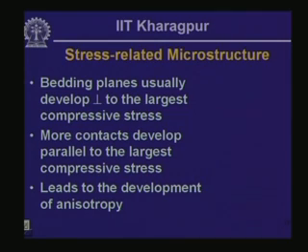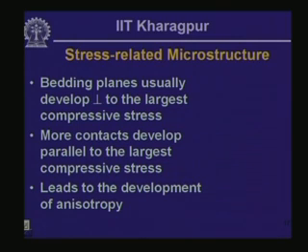As a result, bedding planes usually develop perpendicular to the direction of gravity, or perpendicular to the direction of the largest compressive stress, because this is the direction in which the soil or the rock has to develop maximum strength. And then this leads, as we have discussed, to an anisotropic fabric or anisotropic particle arrangement.